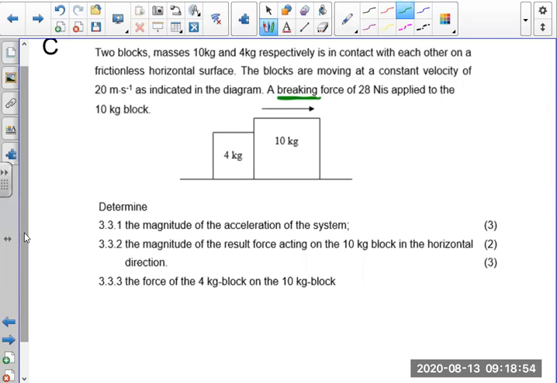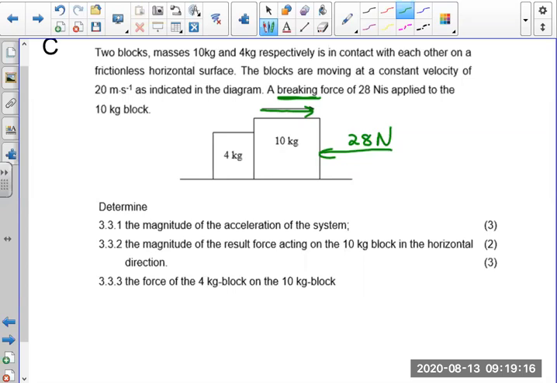So it means that there's a force. This is the direction in which the object is moving, and the force of 28 newtons is going to brake these 2 blocks so that they can go slower. So I would rather use a friction force that's going to oppose the direction in which the object is moving. I would say it is 28 newtons.